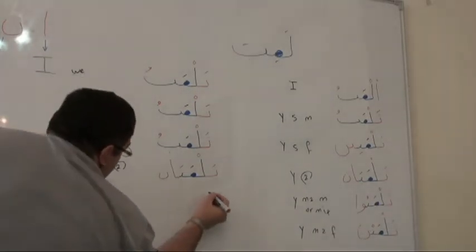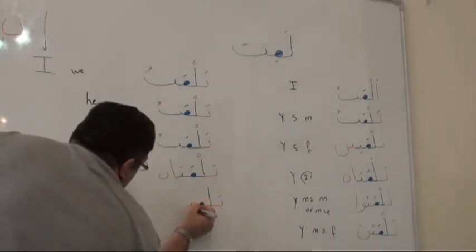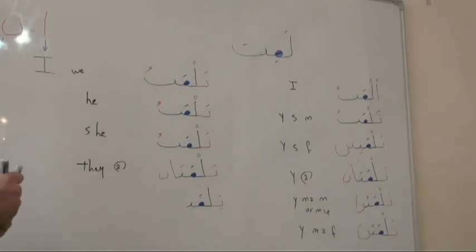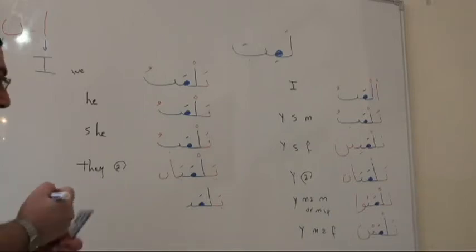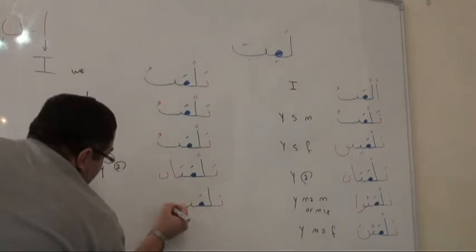Yes. So we keep the ba at the middle of the word. Now, what next, Joe? Before waw and alif we need, so waw and alif, okay, what else?